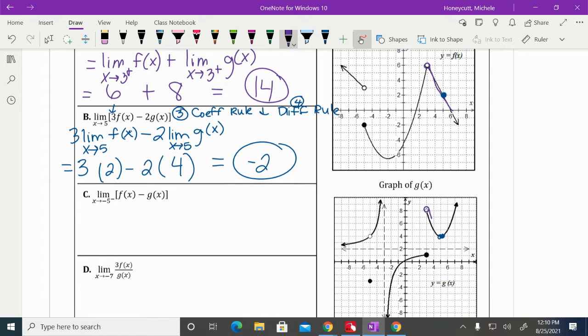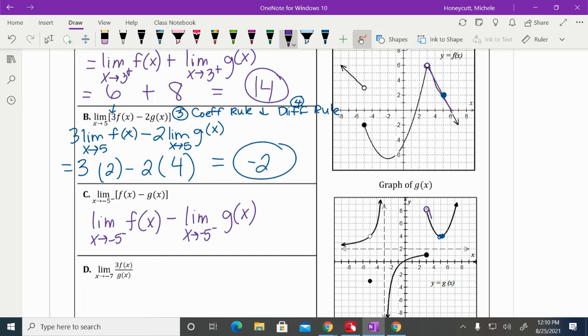Because you'll do the limit as x approaches negative 5 from the left of f minus the limit as x approaches negative 5 from the left of g.